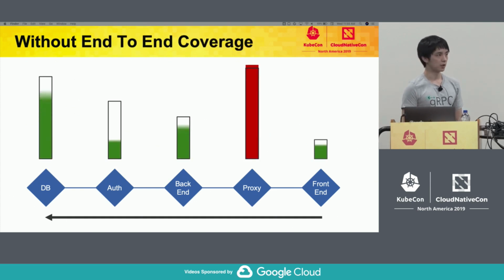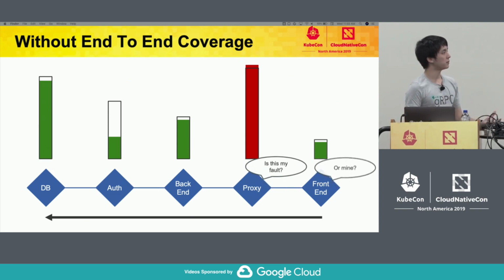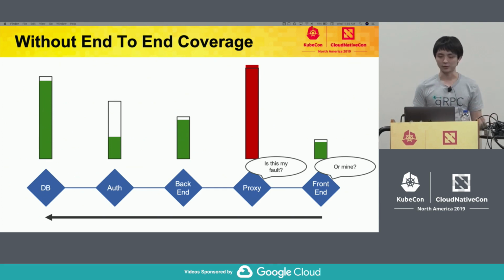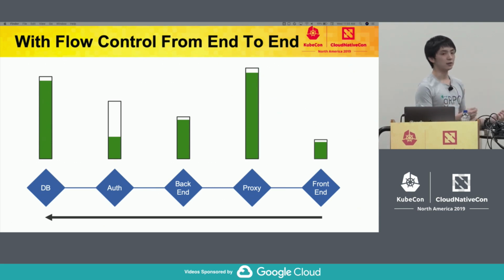Does that work? Nope, because the pushback message is not sent from the receiver to the original sender of the request. And then you will have some fun time debugging which one is the one to blame. So a valid solution of flow control has to be from end to end.